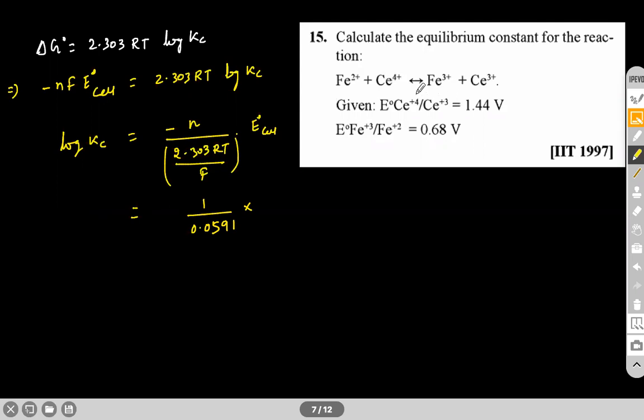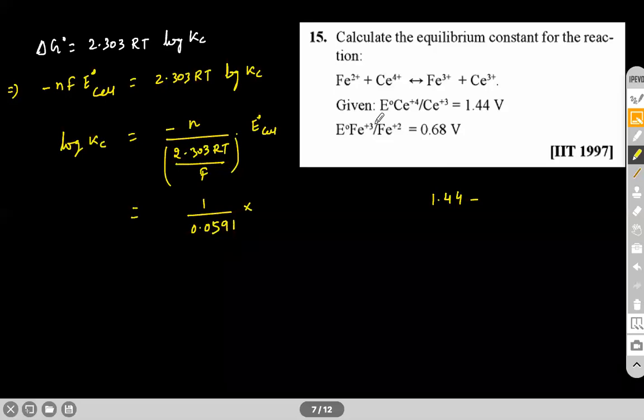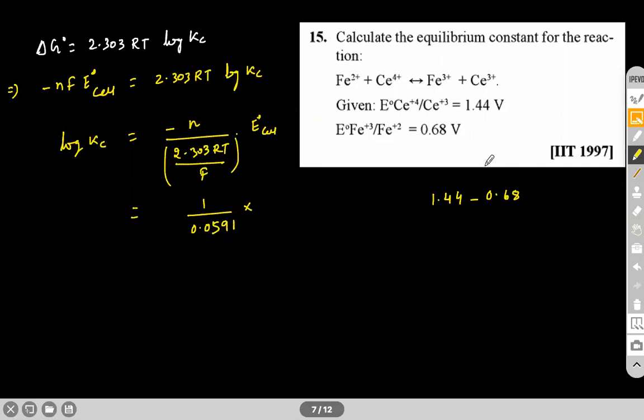So Ce4+ to Ce3+, Fe3+ to Fe2+. So this is cathode and this is anode. So E naught cell is E cathode minus E anode, 1.44 minus the reduction potential of this, 0.68. Okay, this is the E naught cell.